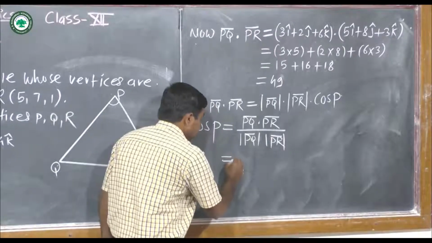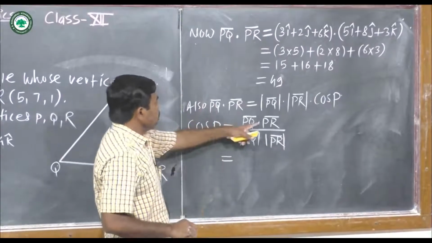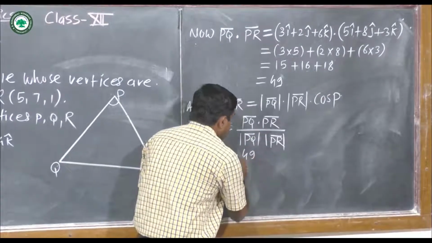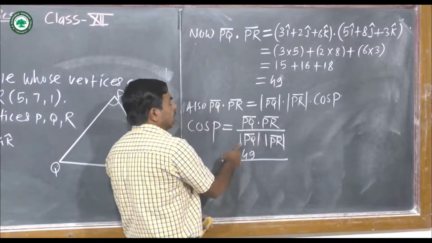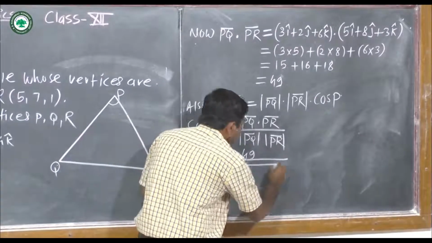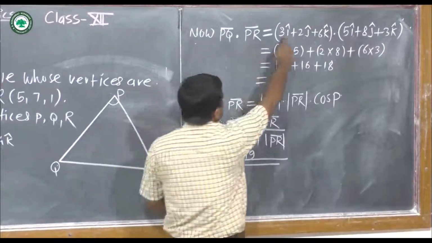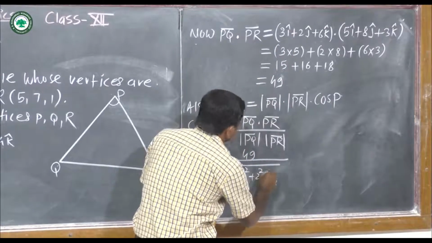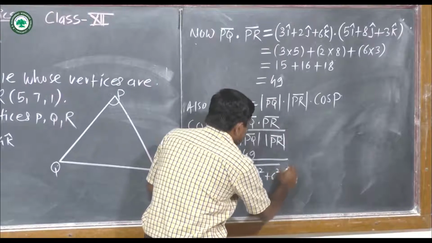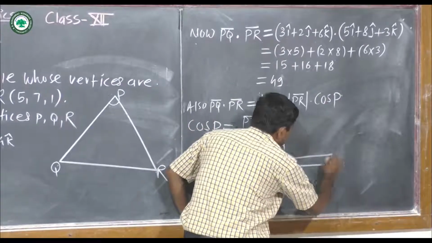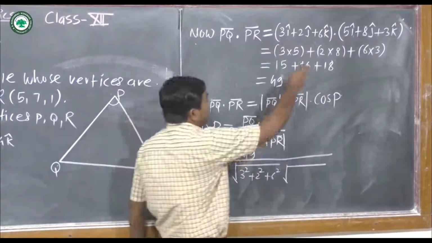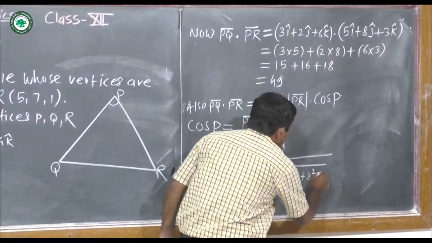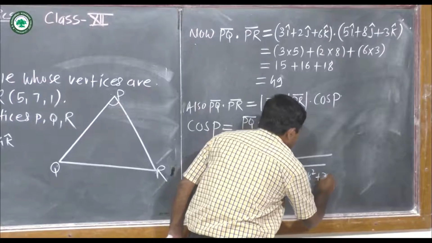Again it is equal to PQ bar dot PR bar, that is 49, divided by magnitude of vector PQ, that is square root of 3 square plus 2 square plus 6 square, into magnitude of vector PR bar, and PR bar is this one, that is 5 square plus 8 square plus 3 square.